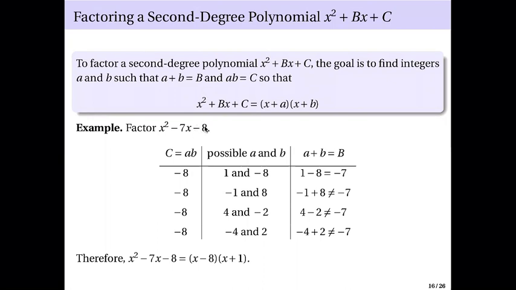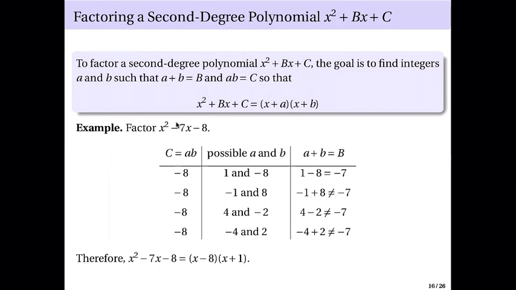Now, for this type of example, you have negative C, and as I have said, the numbers in the pair must have opposite signs, one positive, one negative. If the middle part is positive, then the higher number in the pair in absolute value must have a positive sign.